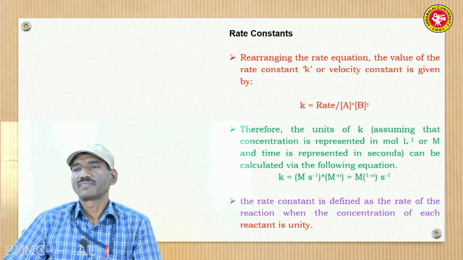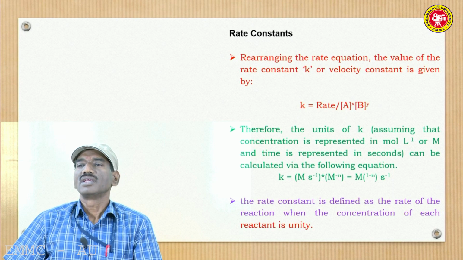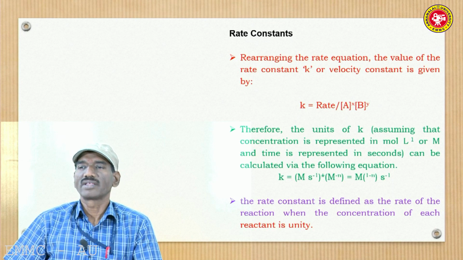Rate constant. Rearranging the rate equation, the value of the rate constant k, or velocity constant, is given by k = rate / ([A]^x [B]^y).